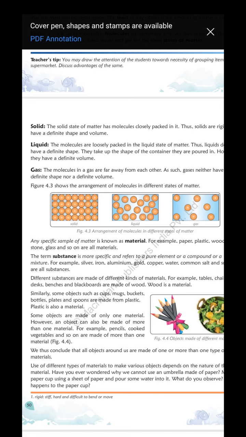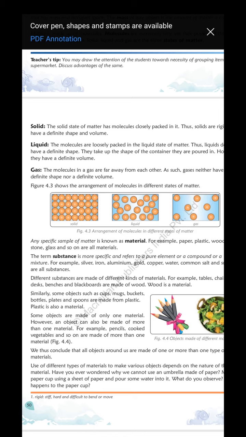Coming to gases, no definite volume, no definite shape. But we can compress gas into cylinders, balloons, and CNG. CNG, compressed natural gas, is used in cars and other automobiles nowadays. We can compress gas into a fixed-volume tube or cylinder. But freely moving gas has no shape and no volume. It flows in the atmosphere, like the air in our surroundings.